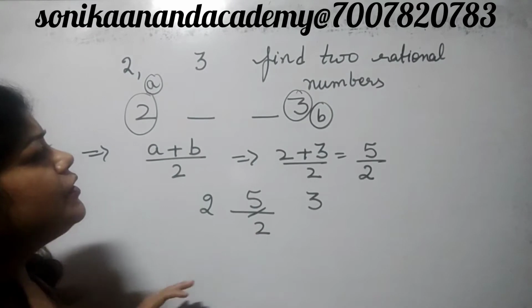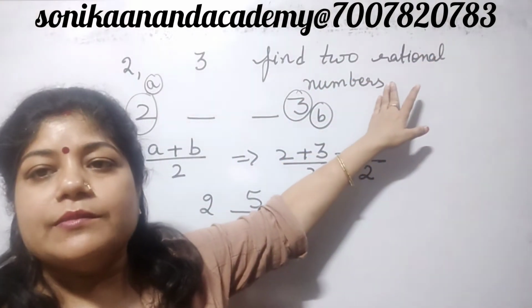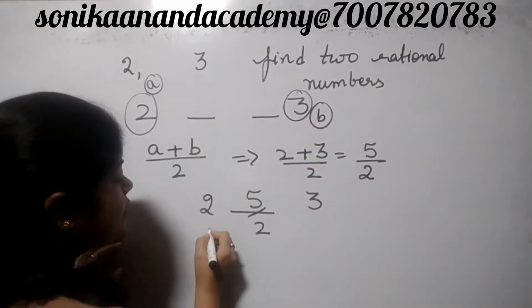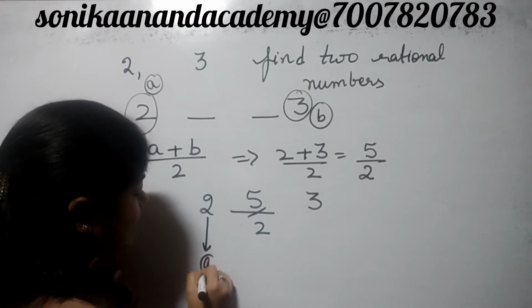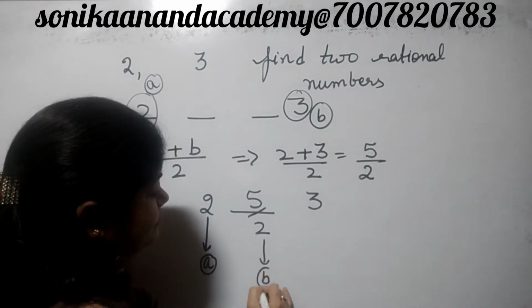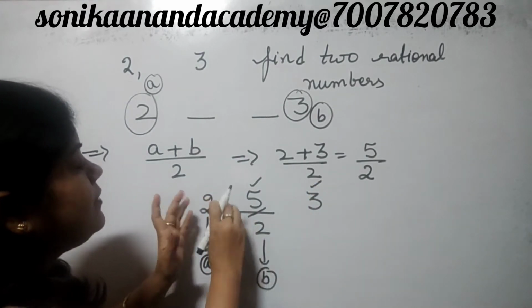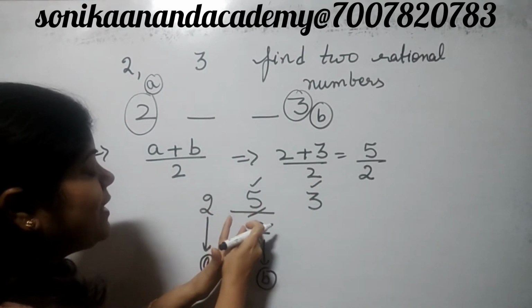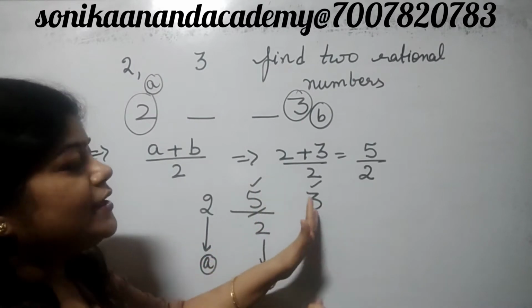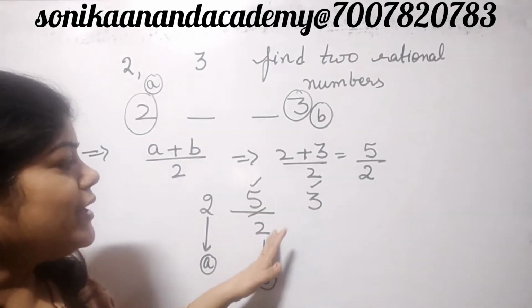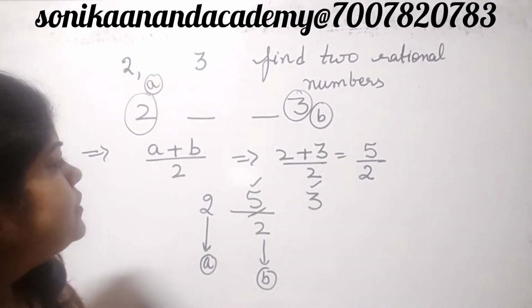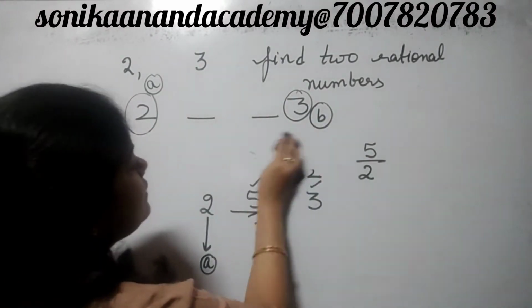Now you have to find two rational numbers. So either you take 2 and 5 by 2 and find a number in between them, or you take 5 by 2 and 3 and find a number in between. You can take any one of them.